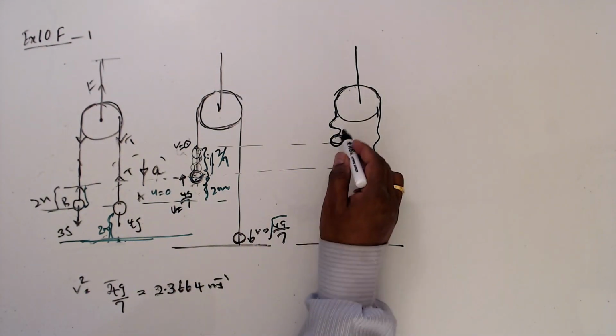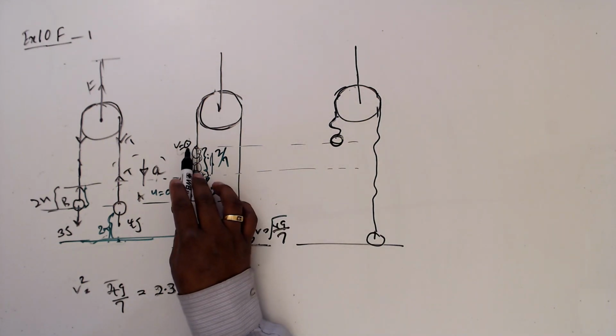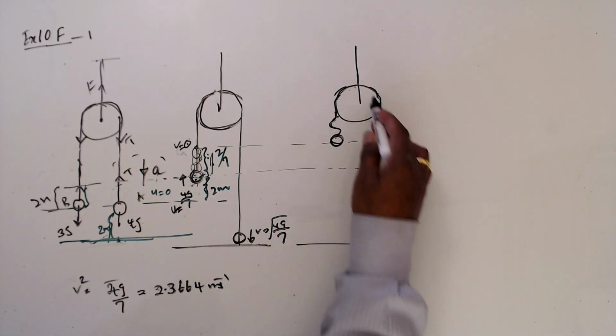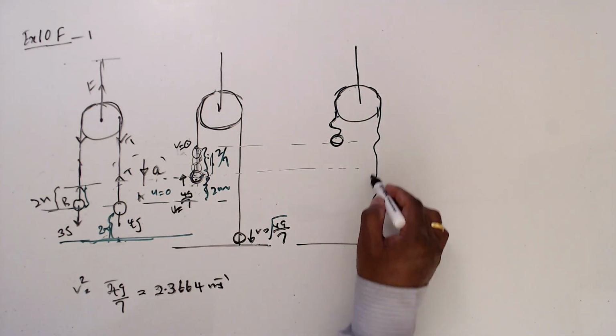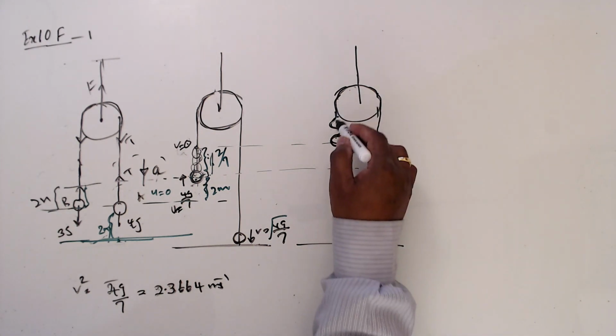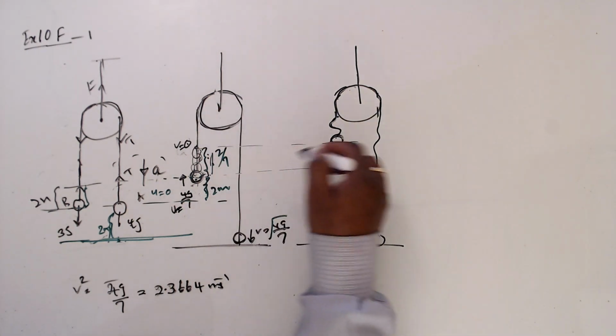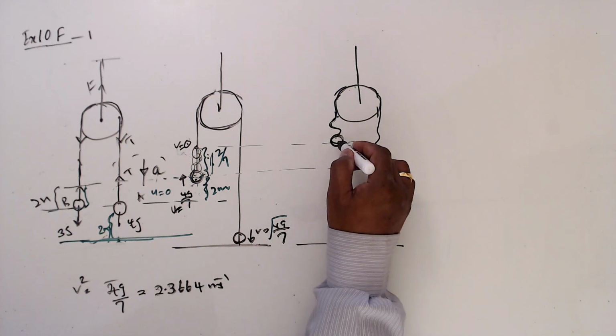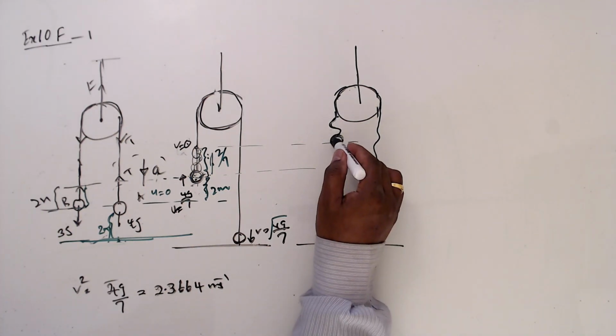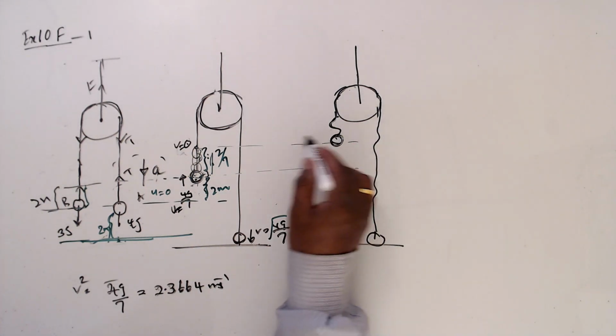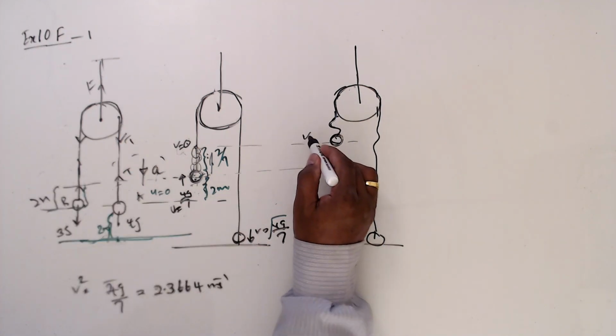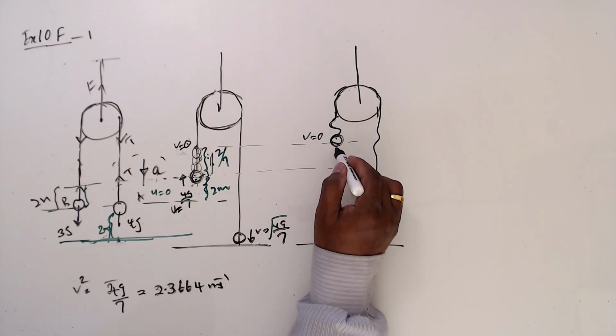So I draw this one again to show that. When v equals 0, you can see this kind of setup. The string is like this. It's no more taut, so this is now under gravity, and at this point v equals 0, and then it will start falling back.